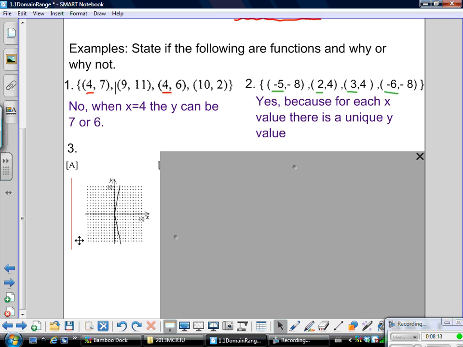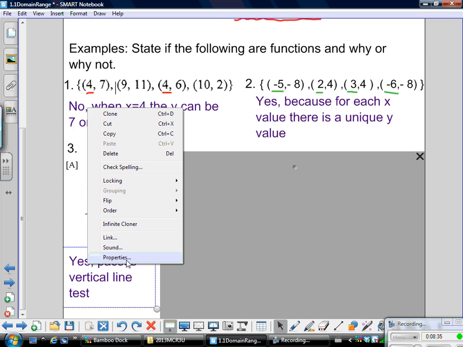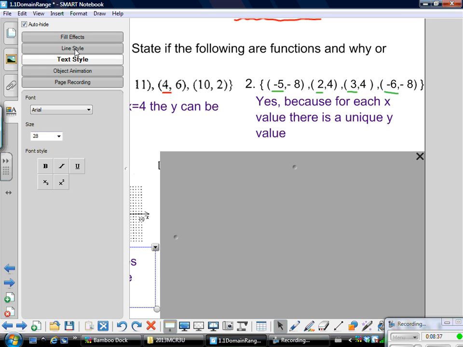So when I take this vertical line and pass it, okay, here's where the graph starts. Well, automatically I can see that this line is crossing in two places. So because it's crossing in two places, it means that, no, yes, actually it's not yes, it's no. So now I have to go back there and change that.